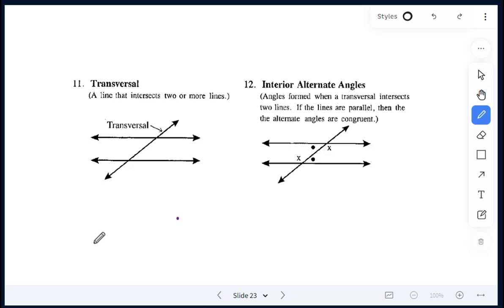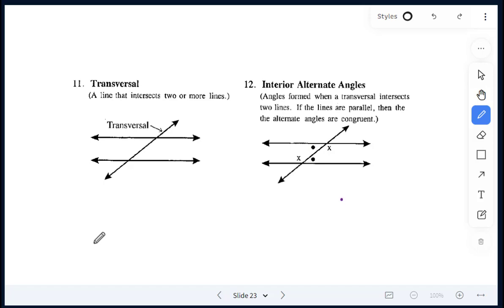Now, when we intersect two lines like this, we have certain angles forming. So here we have something called interior alternate angles. Interior meaning they're on the inside. So these four angles shown here are called interior angles. More specifically, these two would be interior alternate angles, and these two would be interior alternate angles.